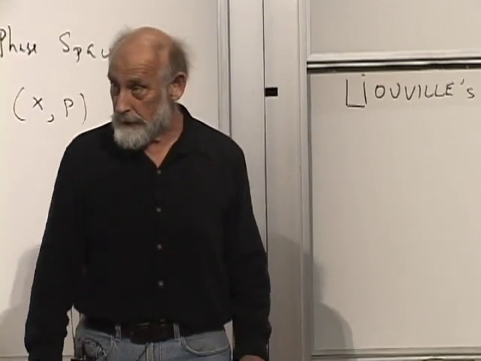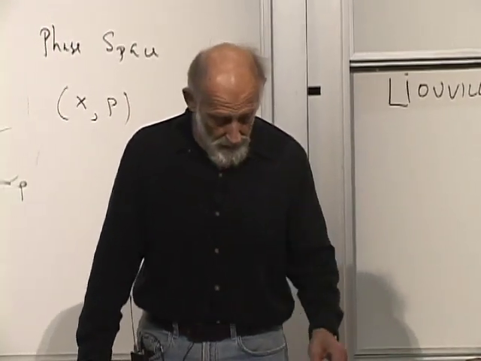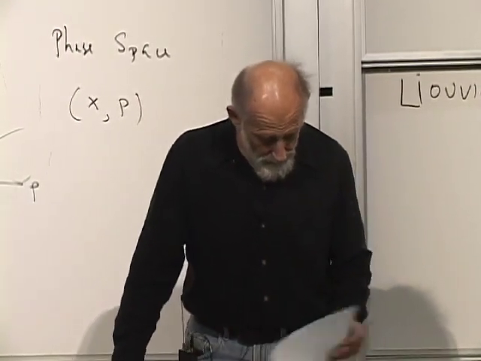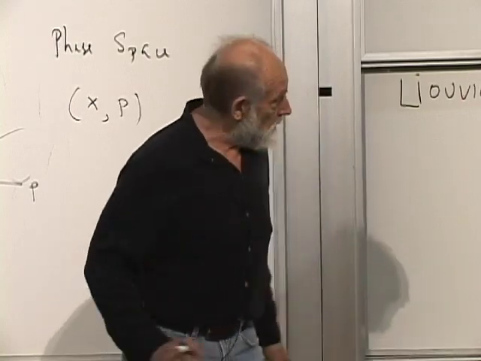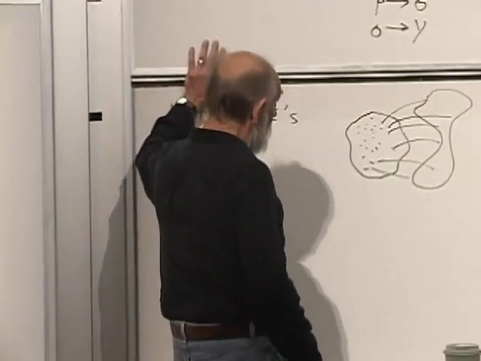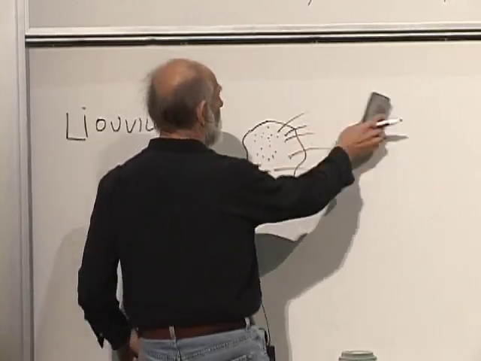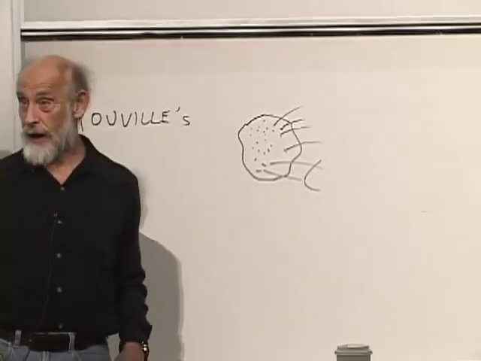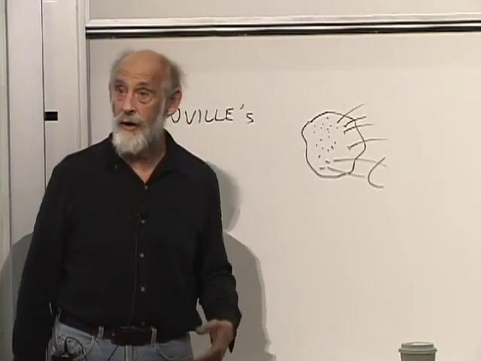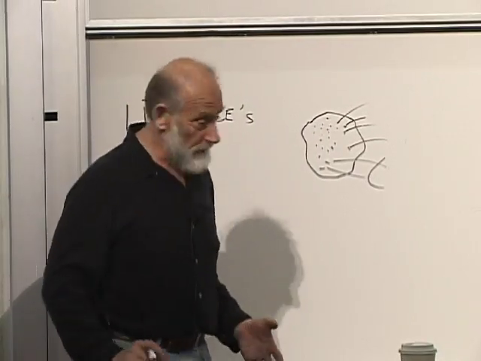This is an important point, and let me state it for the rest of the class here. The question was, can it happen? And the answer is it almost always happens for interesting systems of sufficient complexity.